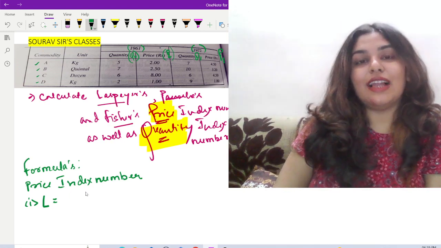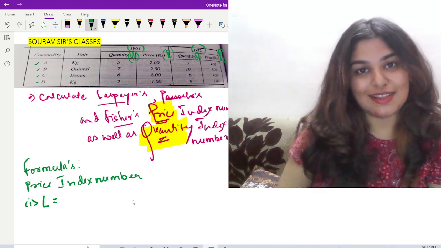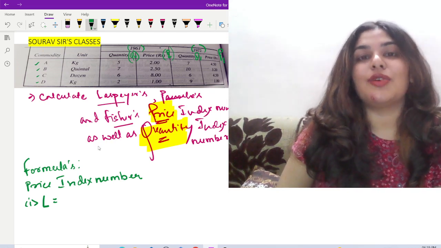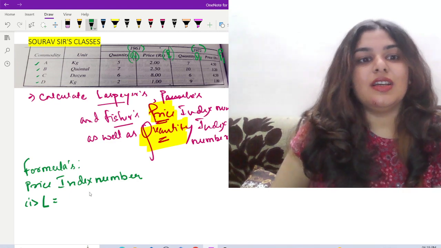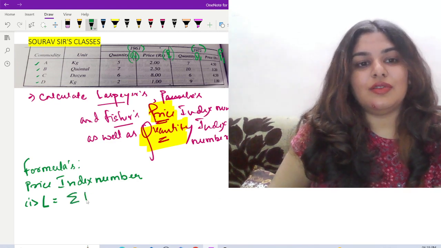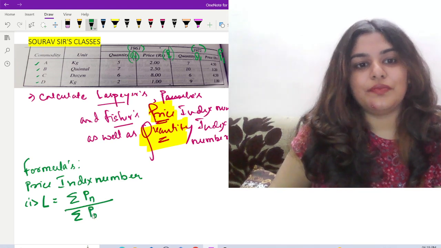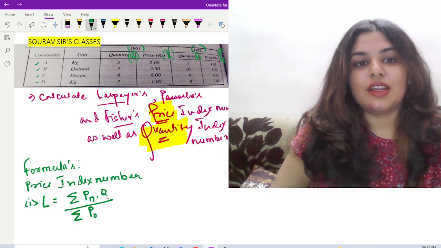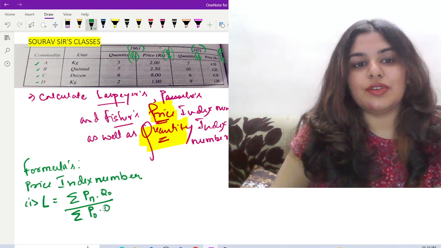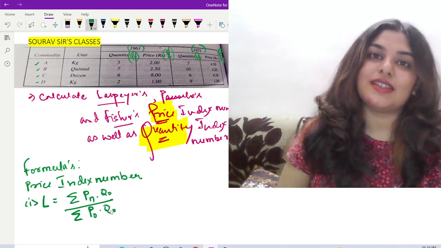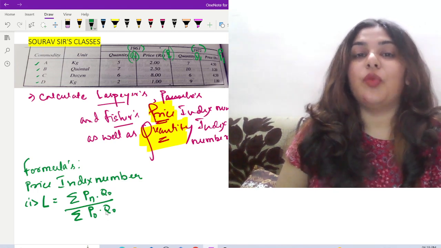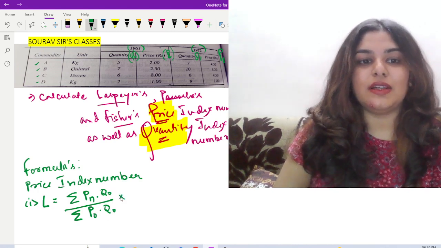Whenever we are calculating the Laspeyres price index number, we take the base year quantity as weights. So summation Pn by summation P0, and the weights in case of Laspeyres is Q0. So in case of Laspeyres index number, we treat the base year quantity as the weights. This is our Laspeyres index number.